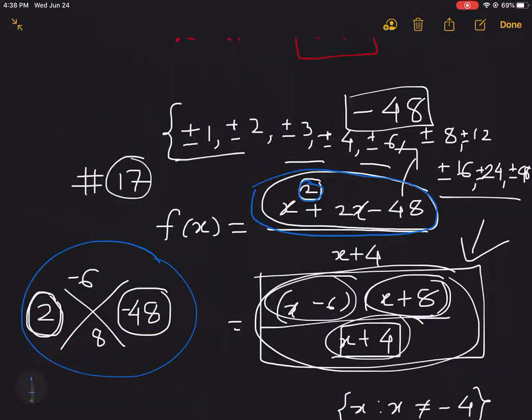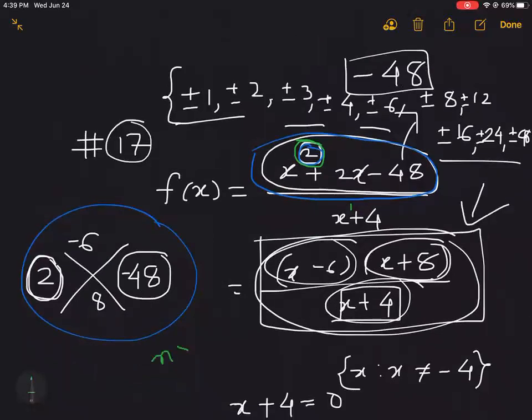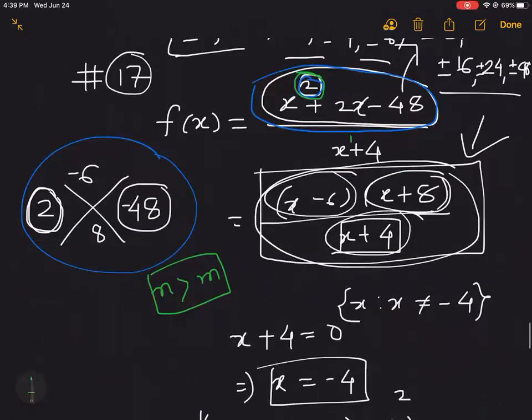Okay, so first of all, we need to check the degree, right? If you remember, the degree of the numerator is 2, the degree of the denominator is 1. That means n is greater than m, right? And if n is greater than m, then we can straight away say, we don't have any horizontal asymptote. Yeah, very good.